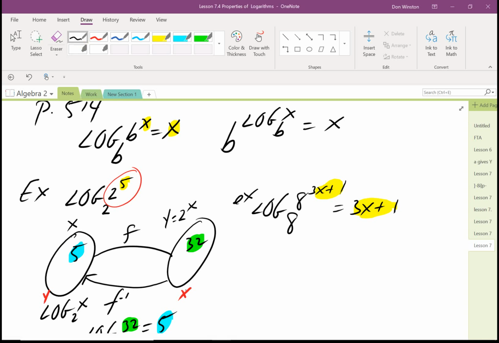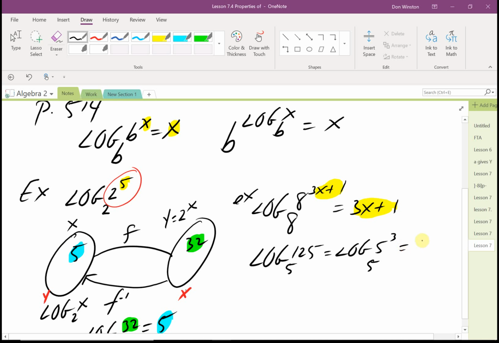Likewise, log base 5 of 125, I can write that as log base 5 of 5 to the 3rd. My bases are the same, and so that's just going to equal 3.